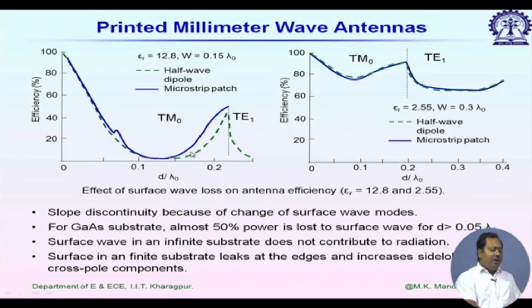For gallium arsenide substrate, almost 50% power is lost to surface wave for d greater than 0.05 lambda naught. You can calculate it. If the substrate thickness is more than 0.05 lambda naught, where lambda naught is the wavelength in free space, then 50% power is lost for gallium arsenide substrate.